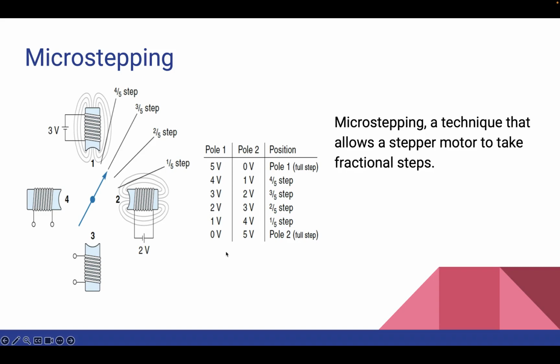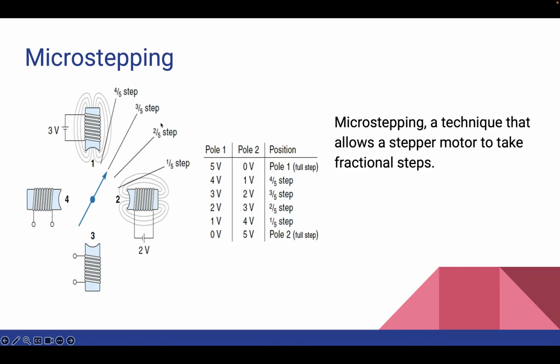For example, in a microstepping scenario where, let's say, pole 1 has 3 volts and pole 2 has 2 volts, then the rotor aligns itself approximately 3/5 of the way to pole 1, as you can see, resulting in 5 volt microsteps between each regular step.